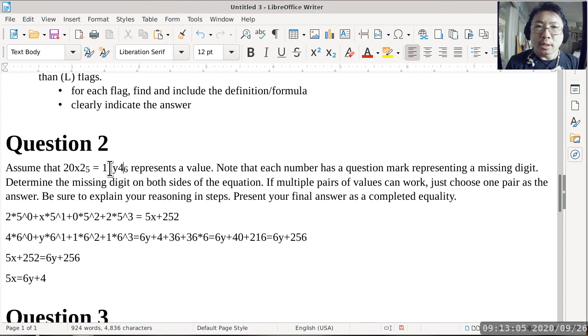So that means I must have messed up my calculation of what is 36 times 6. Let me just go off screen here and give it a try. 36 times 6 is 216. That is correct. Huh.